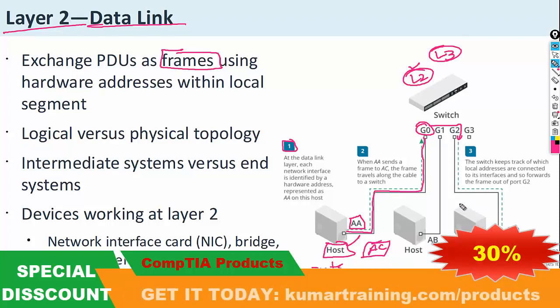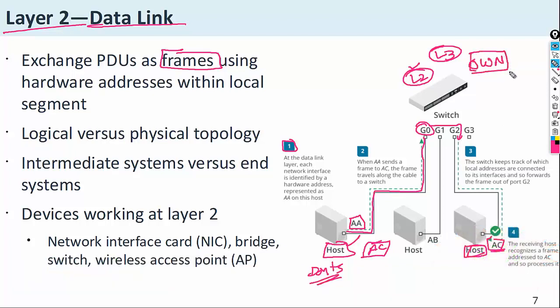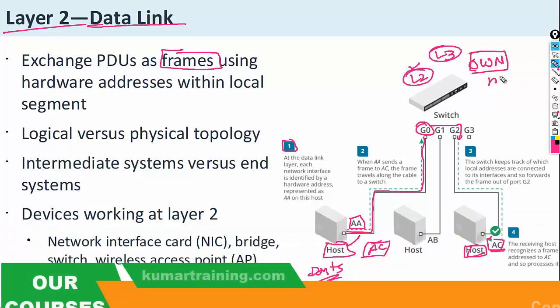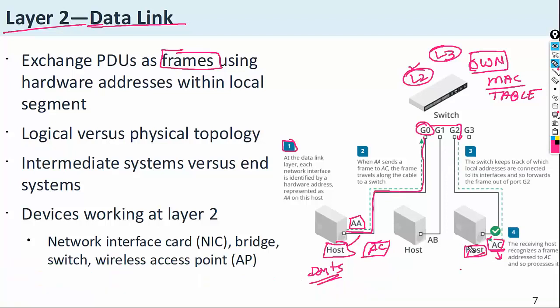The switch has its own memory, where it stores a table called the MAC table or CAM table, which has entries of the connected computers and their MAC addresses. If not, it will use some type of broadcast message to get the MAC addresses of all connected devices in the network.